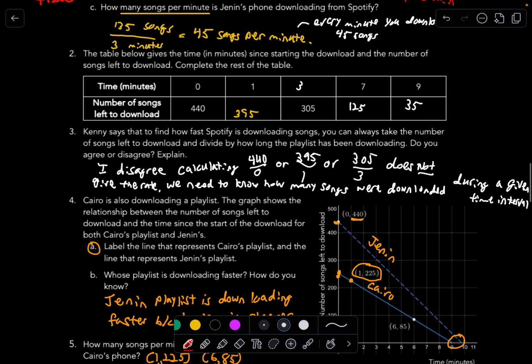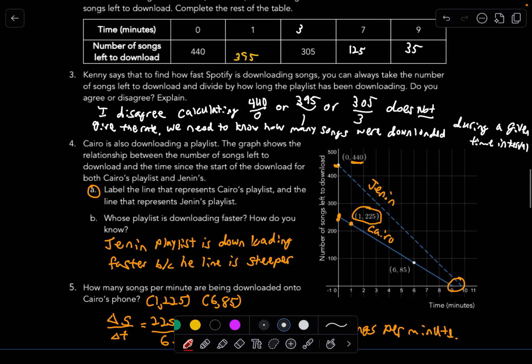And the rate is given by the slope. Okay.